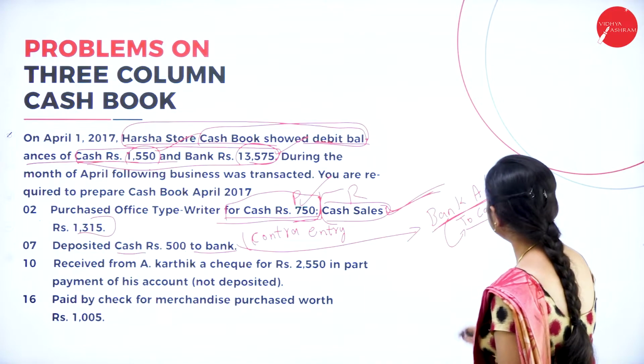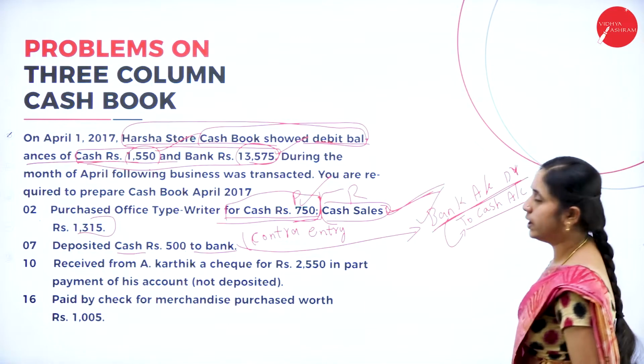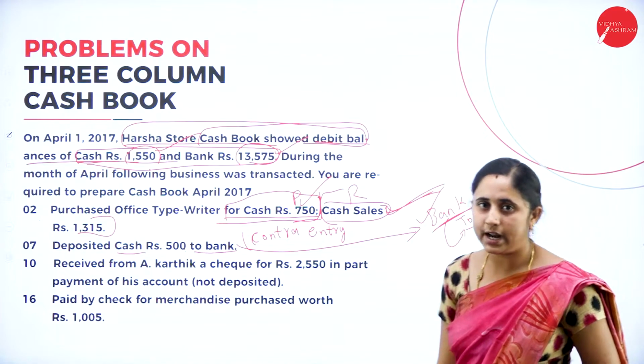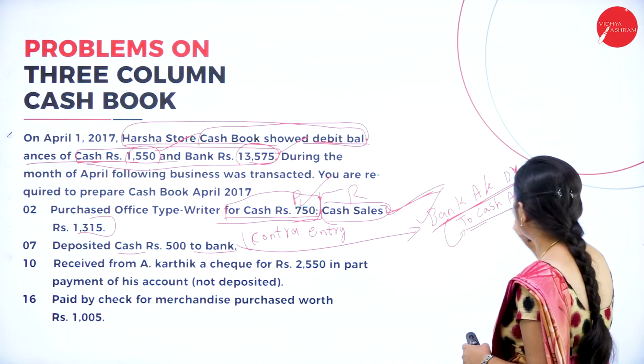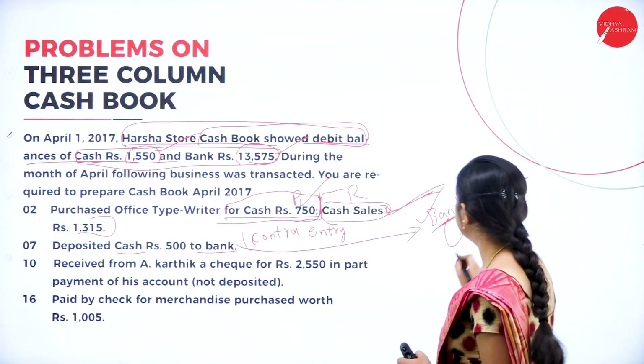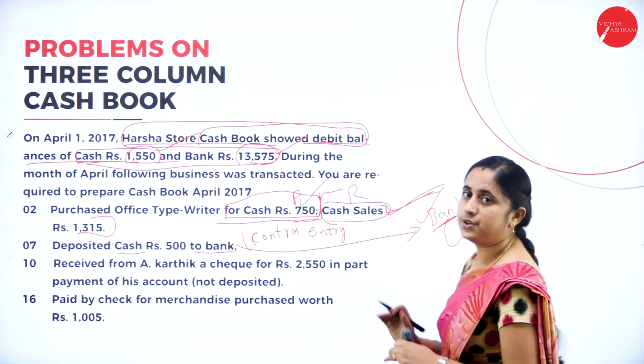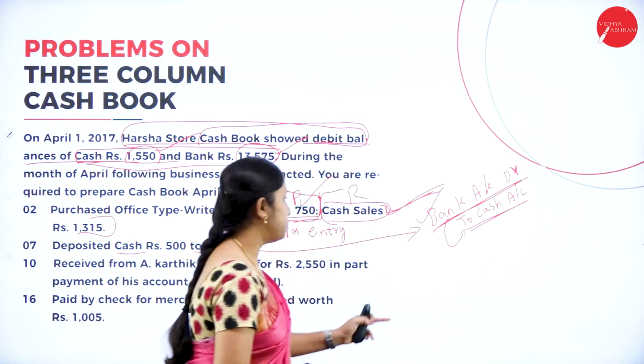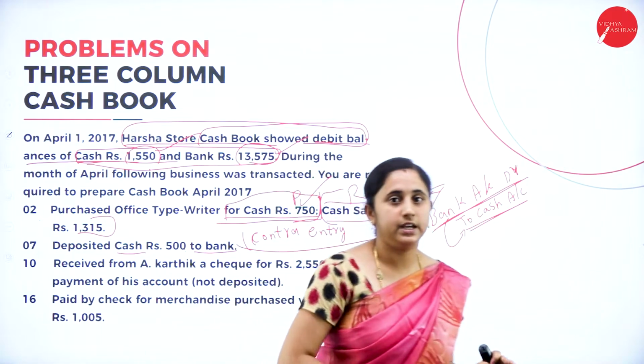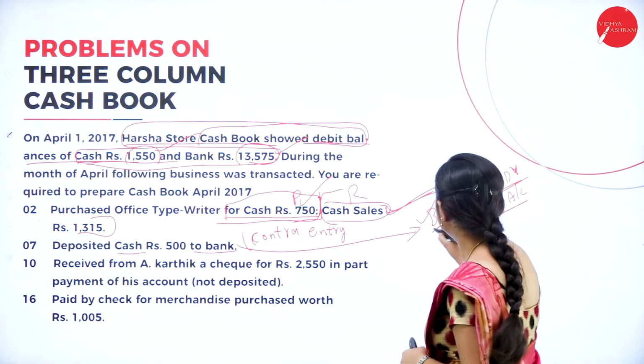Again, the bank transaction is over. Now we record the cash transaction. For cash you need to record in the cash book. Cash is credited here. Cash is going out, so this is the payment.